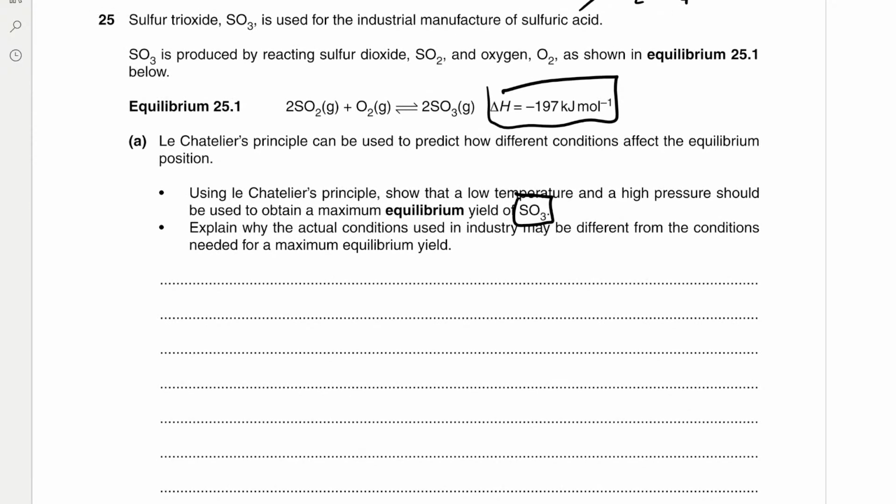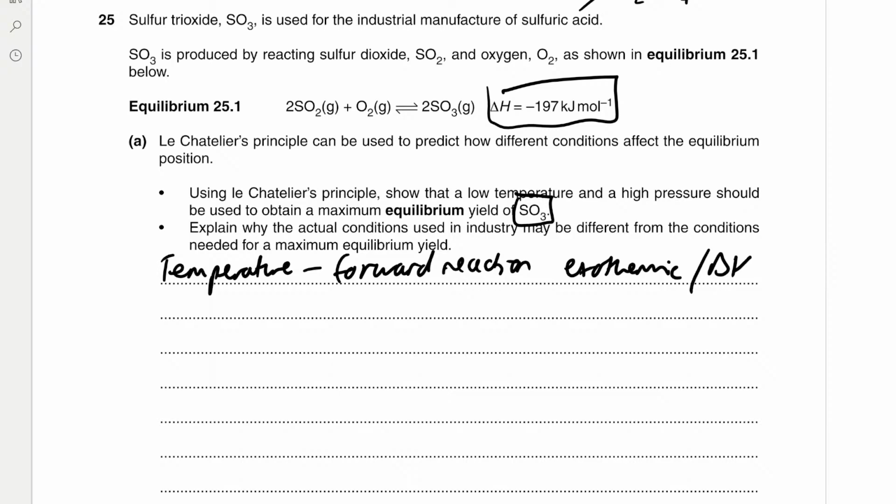So a low temperature is needed because the forward reaction is exothermic, or you could also say that the enthalpy change is negative, and then high pressure because the right hand side has fewer gaseous moles than the left.